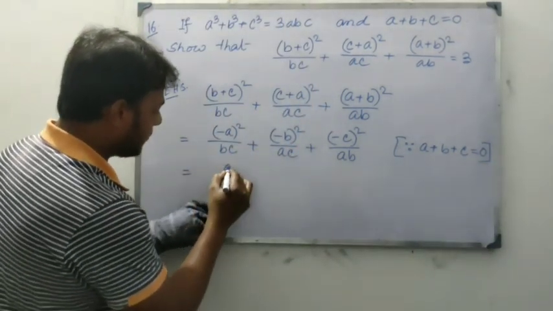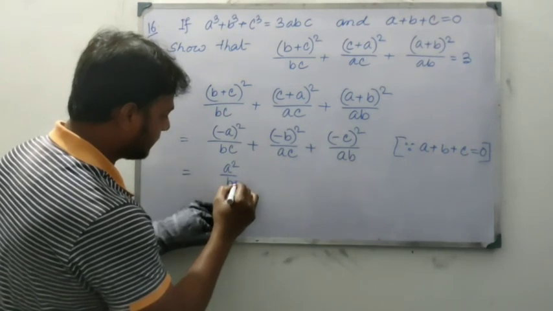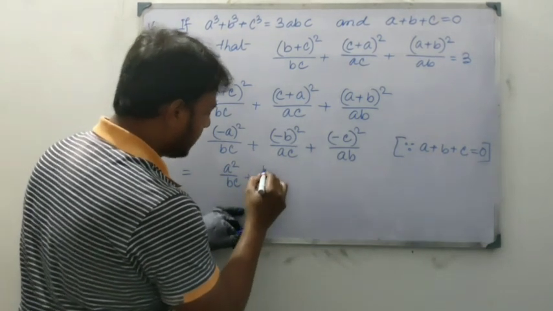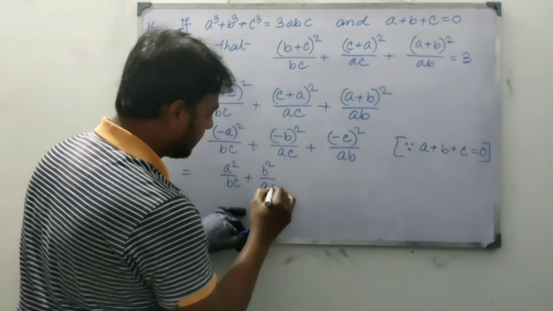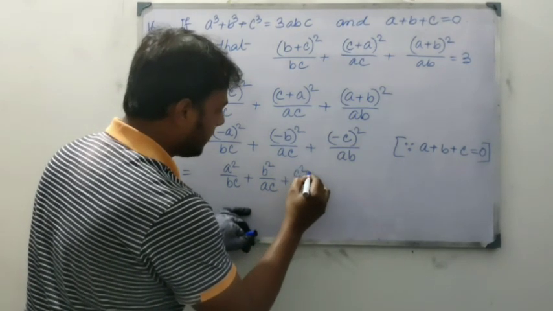This is nothing but a square by bc, b square by ac, and c square by ab.